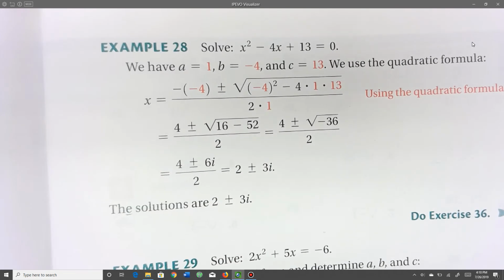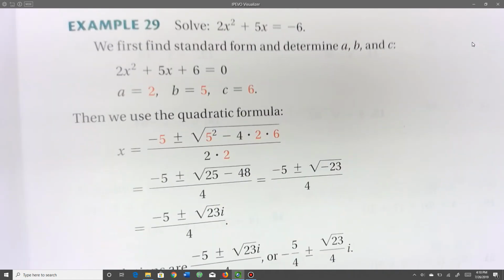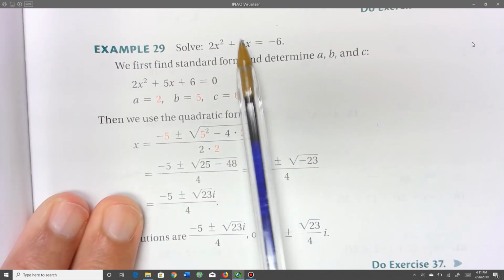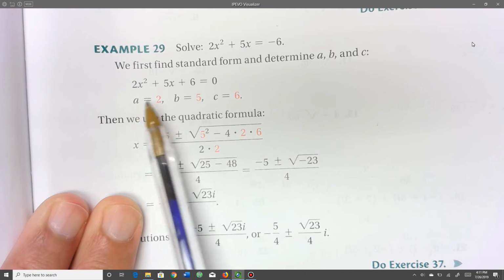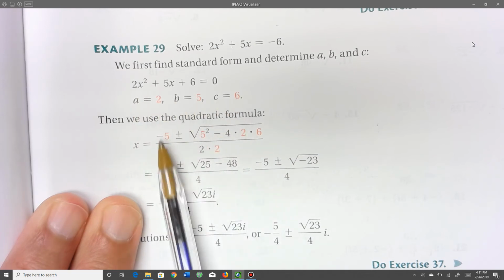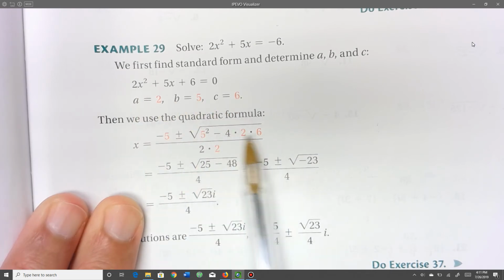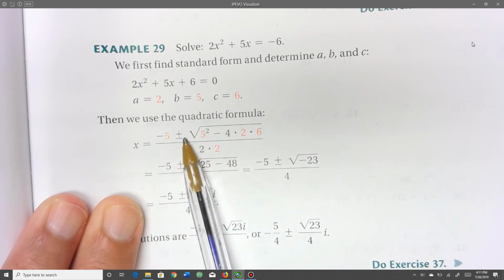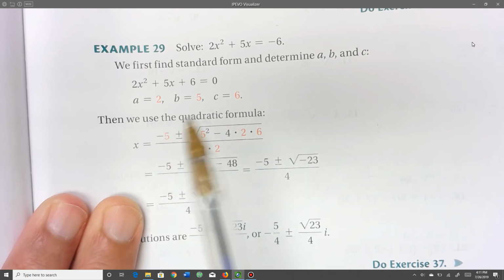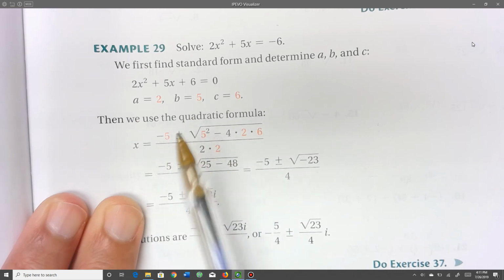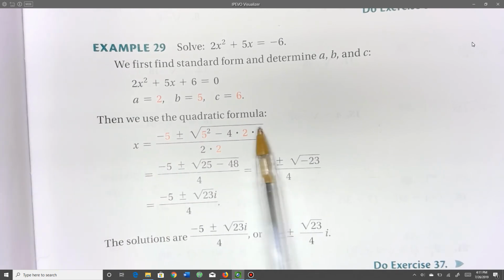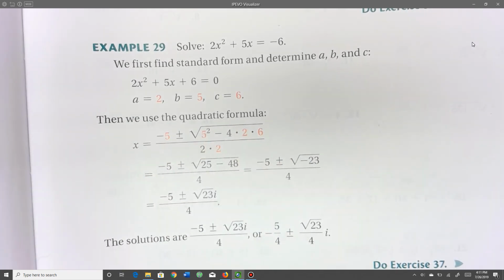Same thing for this one, except the values for A, B, and C are different. Plug them into the equation. I will give it to you, so you have it handy whenever you do your assignments, and I will provide it in the test if I include one of those.